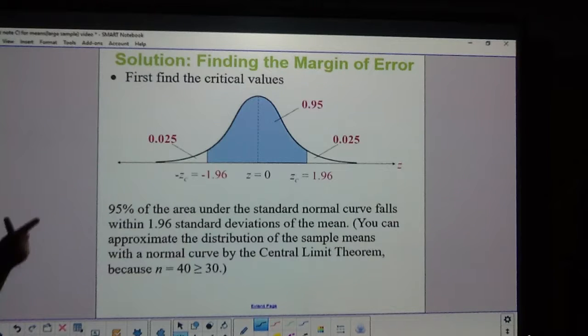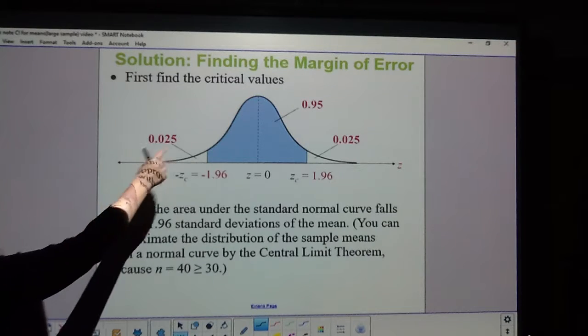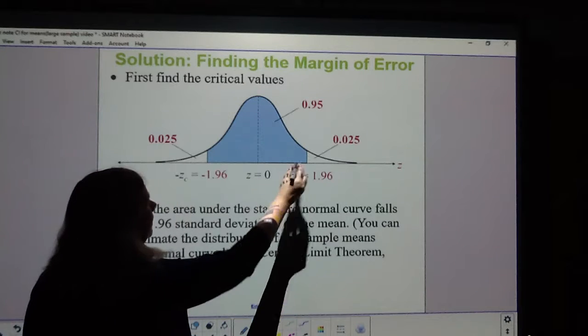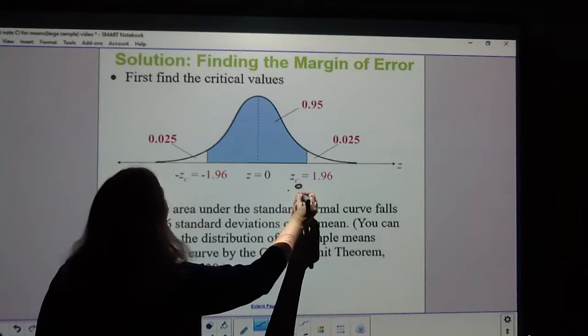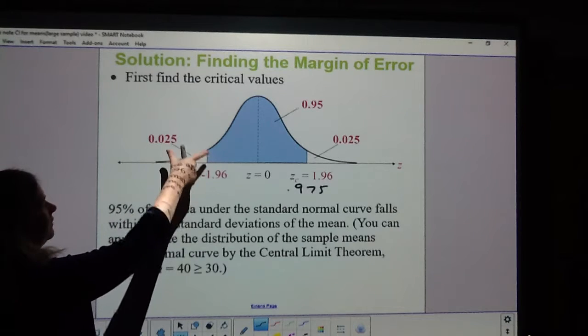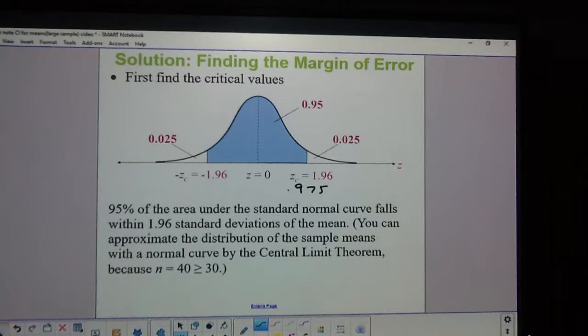And again, my C is 0.95, so that tail is 0.025. You could also put in your calculator 0.975 if you want the positive. That will give you the 1.96 positive.